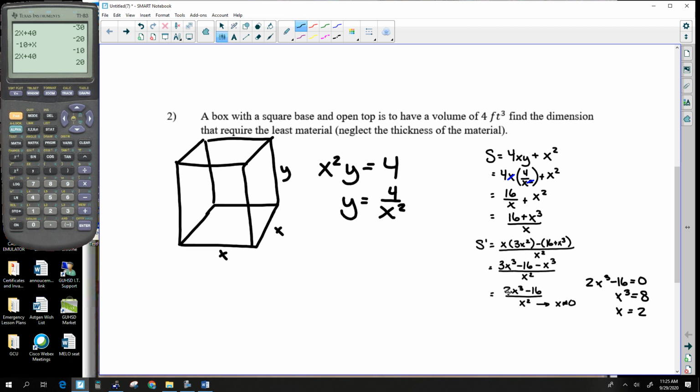Okay, so let's go ahead and test this out. So x and the surface area is 0 and 2. So let's test the number 1 in the derivative. So that's 2x to the third minus 16.